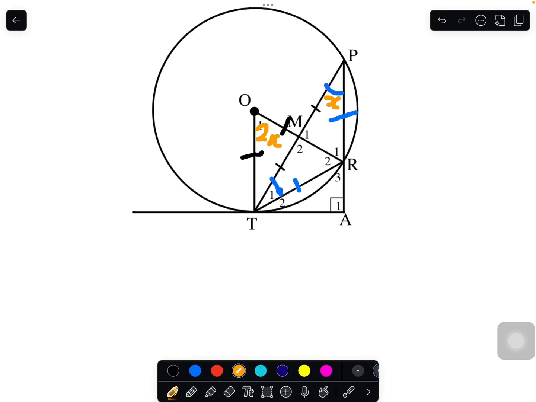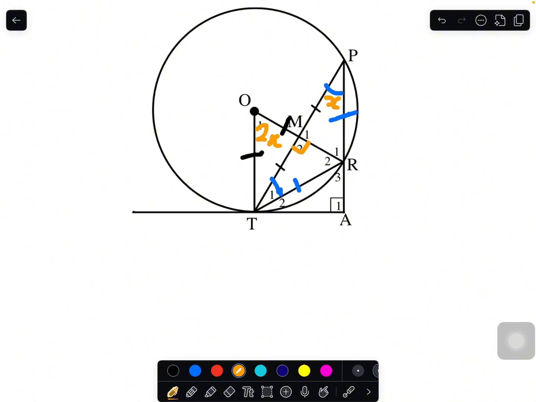We don't know how to get to the answer yet, we're just going to do the obvious angles. We also know that this right here is a 90. Since this is 2x, we can then do sum of angles of a triangle and find out what R2 is.